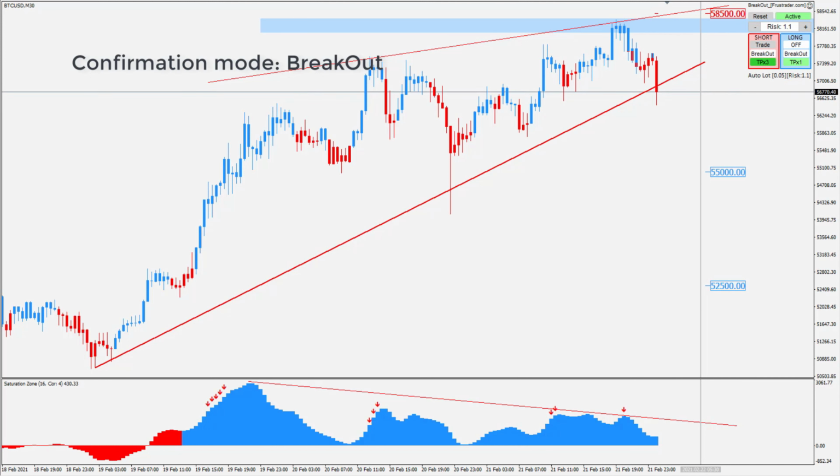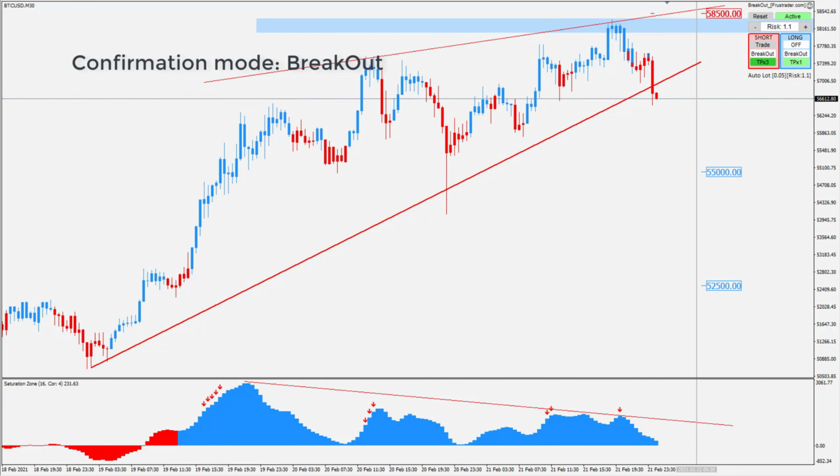Now you can see the price momentum is below the line. The candle is already closed below the line, yet the price fails to drop below the candle low. A main advantage of the Breakout Expert Advisor is that you set the order configuration up and leave it with no concern. Let's wait for the breakout.